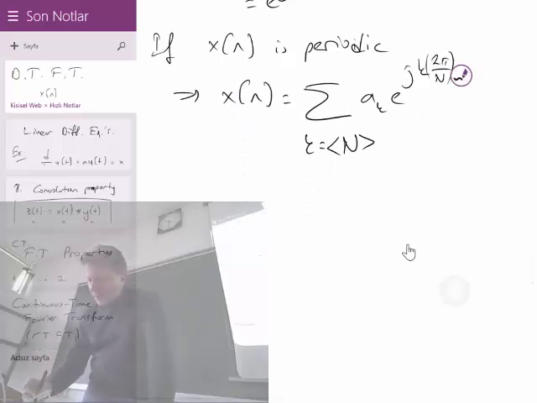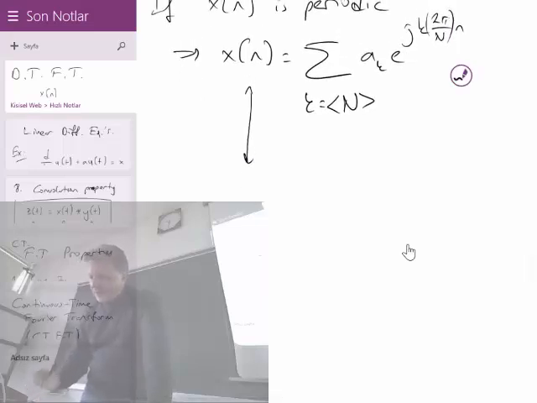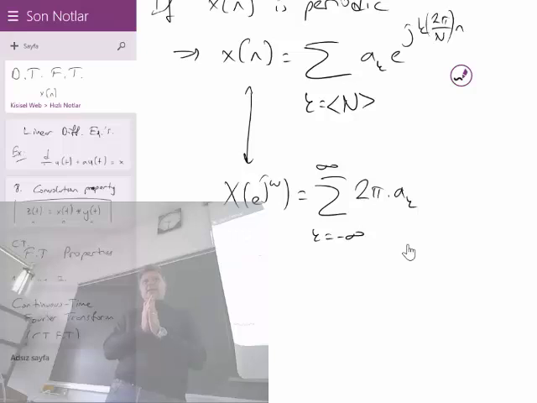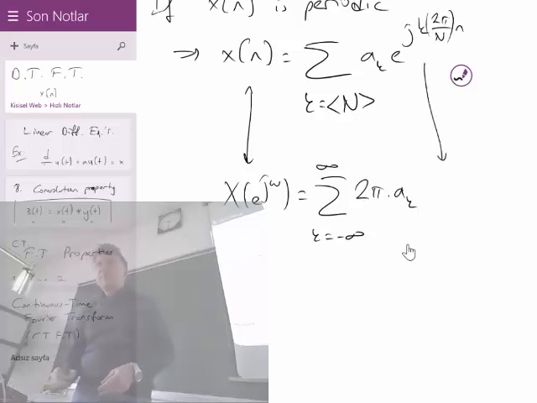Therefore, the Fourier transform corresponding to this expression is k from minus infinity to infinity, 2 pi times a k's will be there, and at the position of this harmonic we will have an impulse.